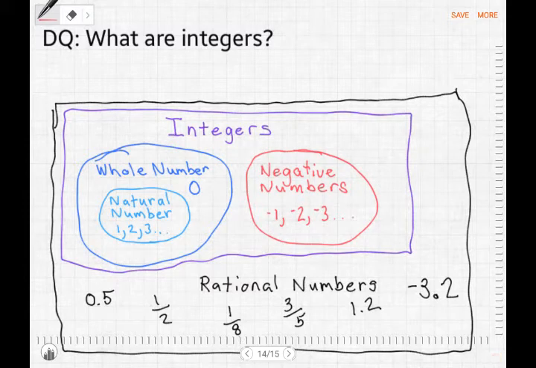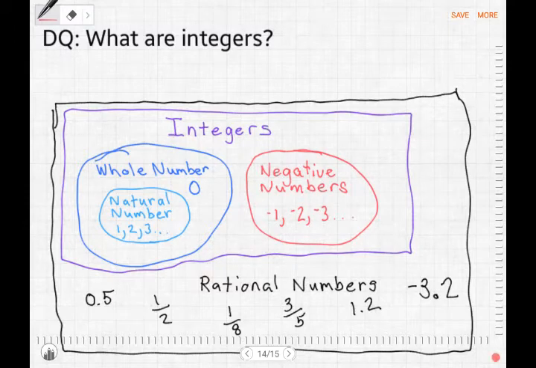Okay, yesterday we started talking about negative numbers. Come over here to the red circle now. So negative numbers are basically our natural counting numbers, but headed the other direction from 0 on the number line, right? We saw that yesterday. So negative numbers are -1, -2, -3, on and on and on to negative infinity.